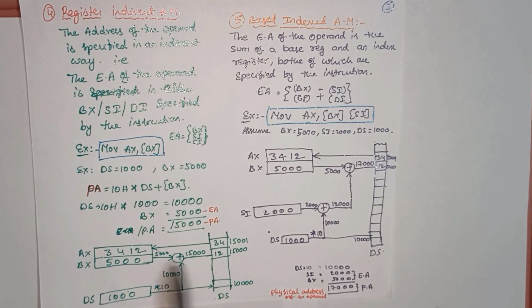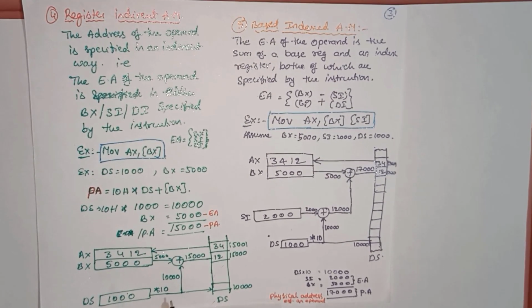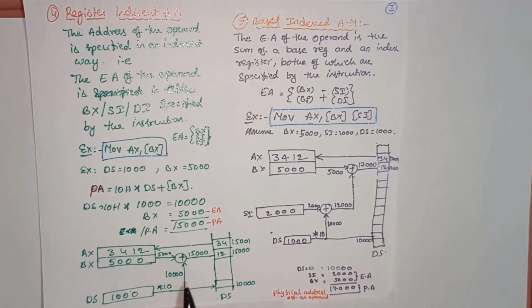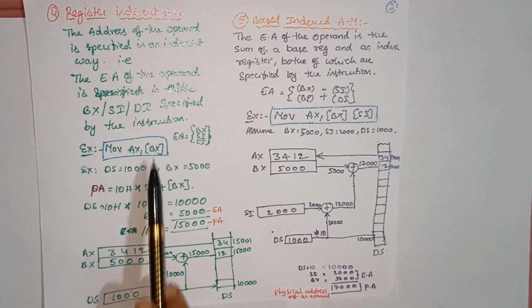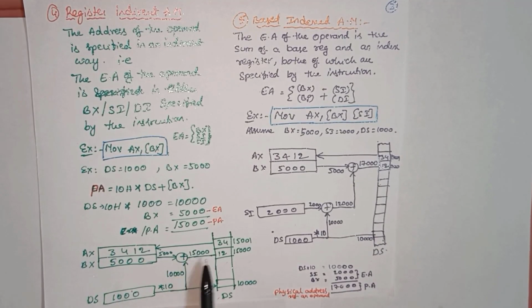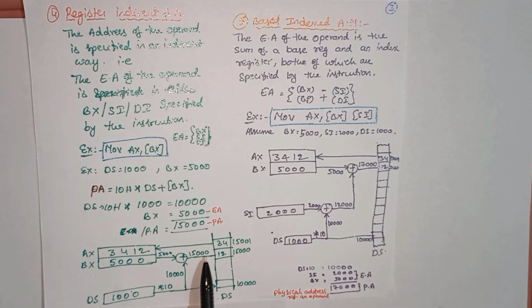Okay, this is memory, this is the processor registers. Then this DS content is multiplied by 10 to generate a 5-digit address. That address will be added to the content of BX. Then the physical address is generated, 15000.